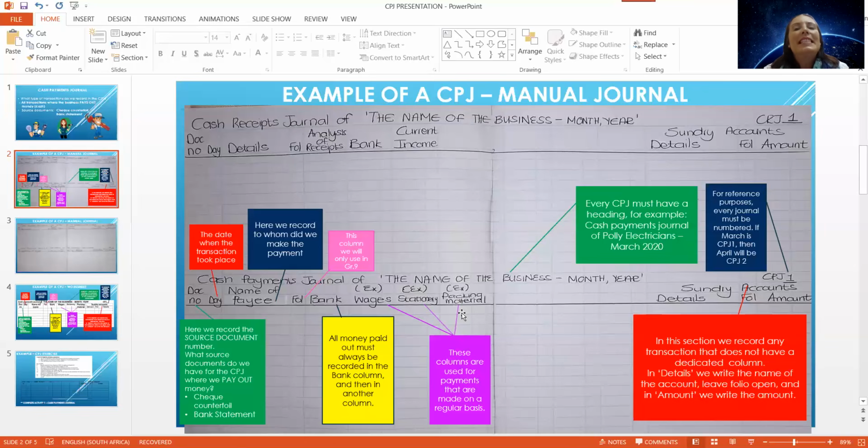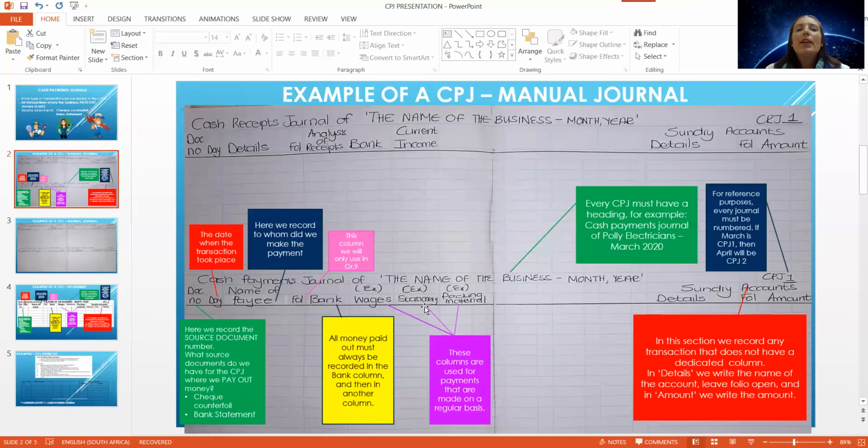It's to summarize the same type of transactions at the end. So these columns, and you can even have more, as a business owner you can decide. For my example, I just used 3. For example, if you have lots of casual workers or people you pay on a daily or a weekly basis, you might want to open a wages column because you pay those people every week or every day. Then maybe your business uses a lot of stationery.